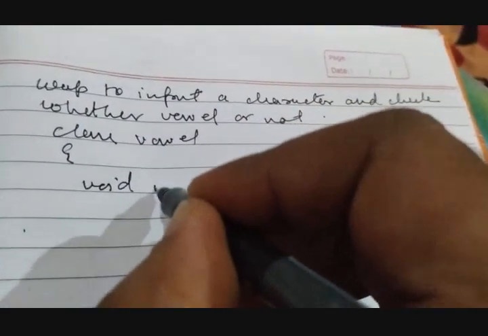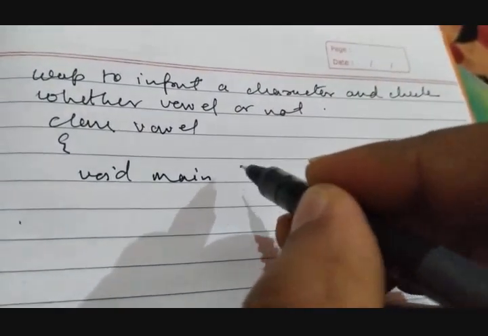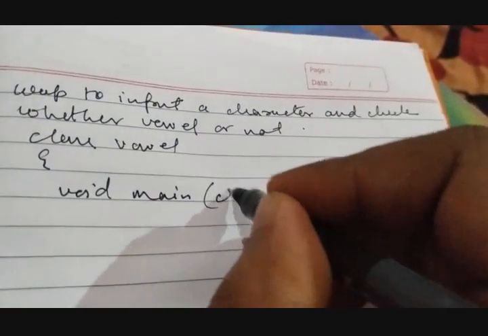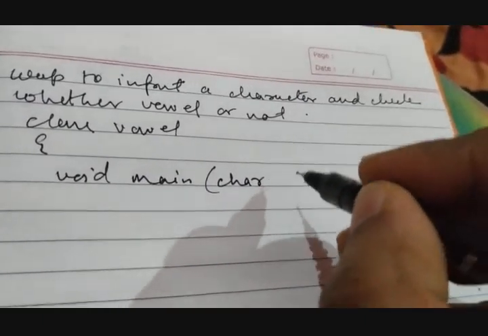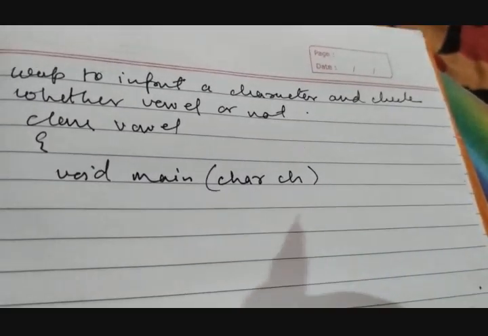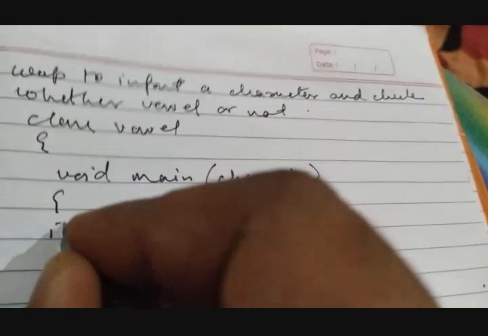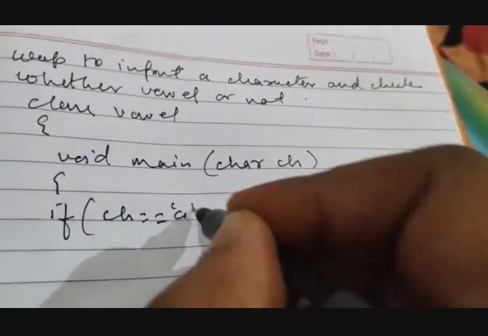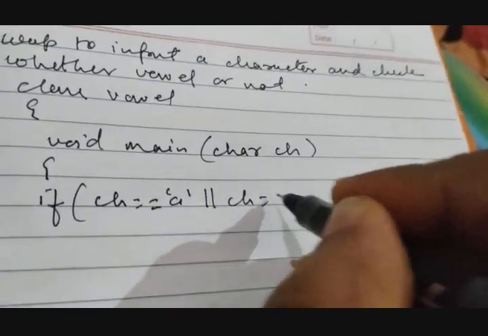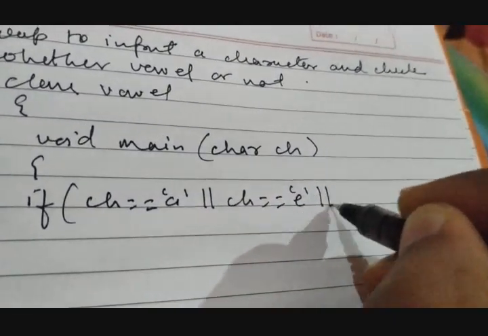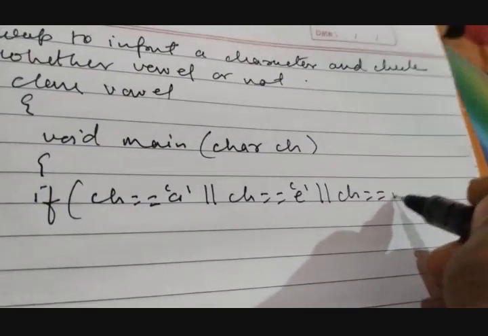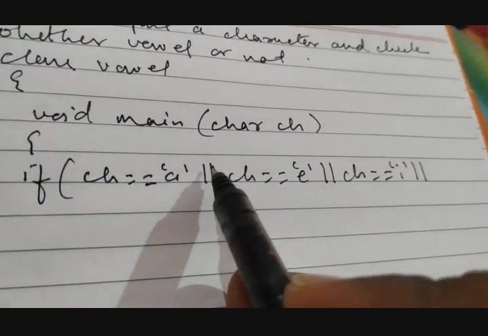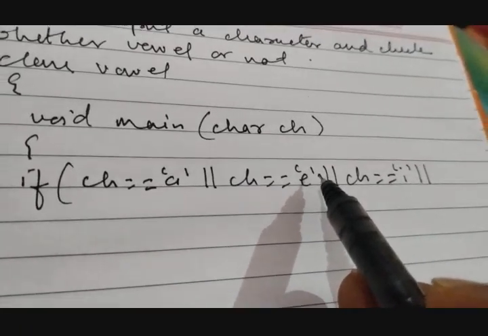void main. Now since we need to input a character, we should use the char data type, and we use a variable ch. Now if ch equals small a, or ch equals small e, or ch equals small i, or, now since it is a character, they must be represented in single quotes.